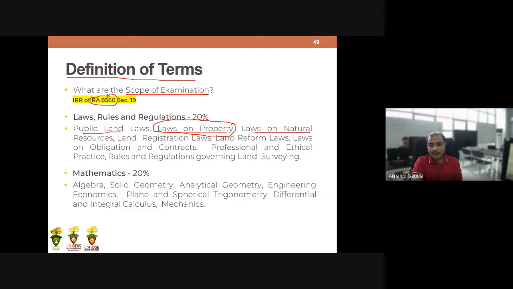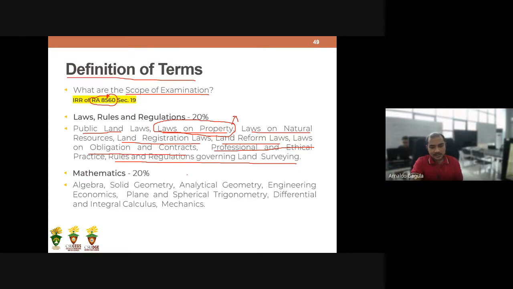But anyway, naman may separate na subject na laws on property siya. No? Land registration laws, land reform laws, obligation and contracts, professional ethics, and ethical practice, rules and regulations governing land survey, other bisag unsa nga mga laws na pwede masulod sa geodetic engineering practice.